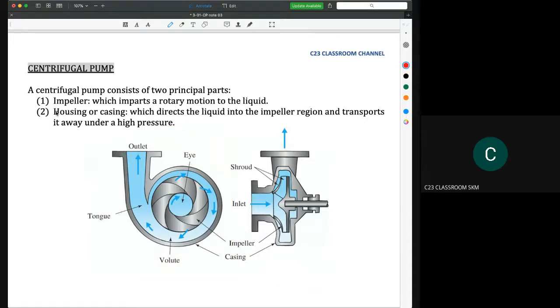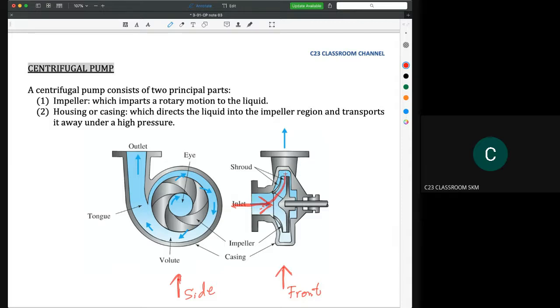So this is maybe the side view, and this might be the front view. Typically this is the front view of a centrifugal pump, and this is the side view of the centrifugal pump. Here you could see that the inlet flow is horizontal, and then the flow will flow through the blade here.